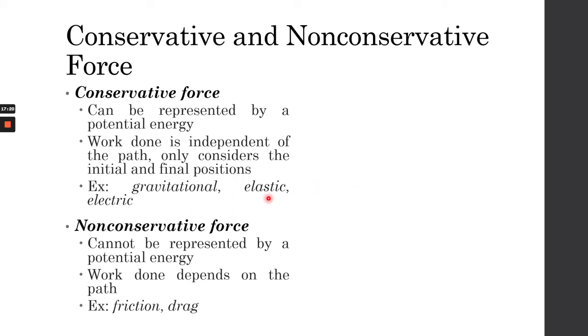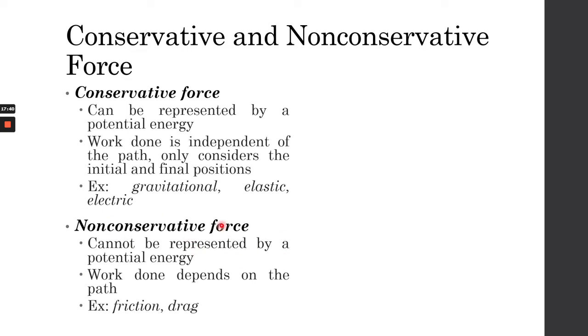We can measure the force or the work done, or the energy of the system, depending on the length of the spring, basically again the initial and the final position. That's why conservative forces can be represented by potential energy. We only care about the initial and final positions.